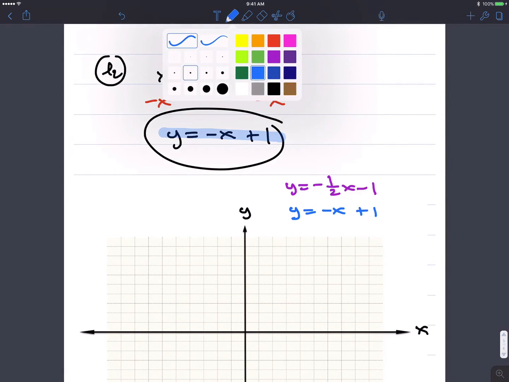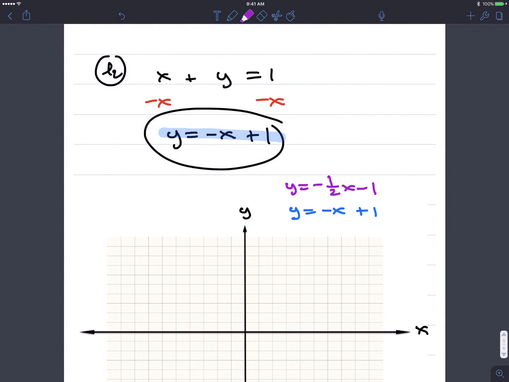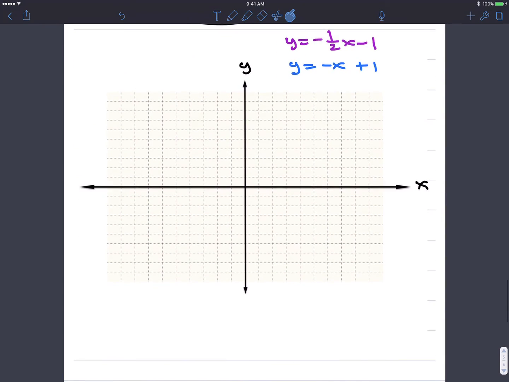So let's do the first equation here. And let's notice here that we have a y-intercept value of negative 1. So that's down on the y-axis here at 1, and now we're going to use a slope of negative 1/2. That means I go down 1 to the right 2 for the location of my second point.